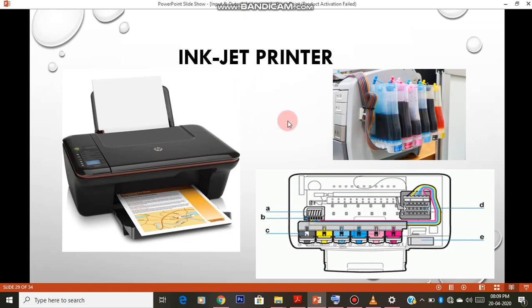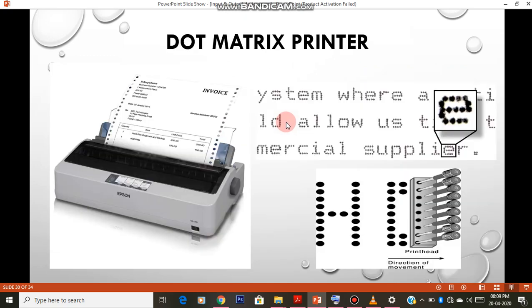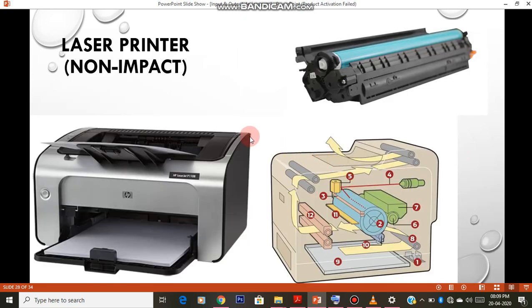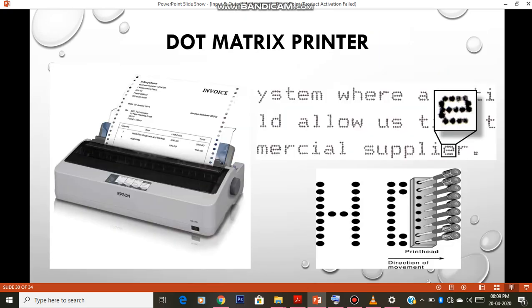This is also an example of non-impact. And for impact printer we had dot matrix, where the characters are printed using print heads, using these needles. Directly it hits onto the paper, so we call it impact printer. Dot matrix is slow, and its speed is counted using CPS, characters per second. The speed of inkjet is LPM, lines per minute. And the speed of a laser printer is PPM, pages per minute.